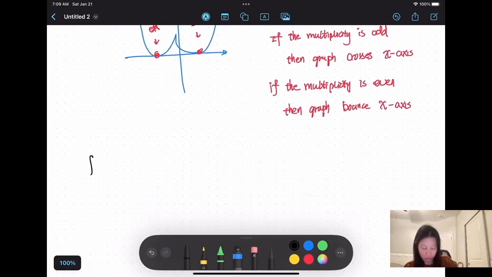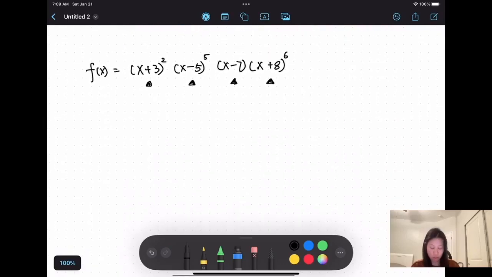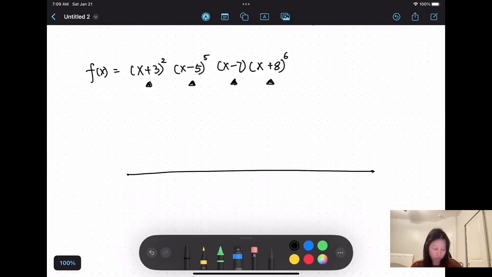Okay, I have f of x equals, I'm going to make up some numbers, (x plus 3) squared times (x minus 5) cubed times (x minus 7) times (x plus 8) to the 6th power. Let's say this. How many x-intercepts is this going to have? Well, there will be 1, 2, 3, 4, because when we set this equal to 0, we end up with 4 roots. Where are they?